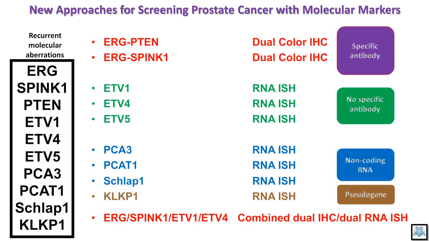We have optimized a protocol that is consistently working, so we can detect up to 4 markers in a single experiment by combining 2 markers for IHC and 2 markers for RNA-ISH. So we will be able to do both dual IHC and dual RNA-ISH, detecting up to 4 markers in a single hybridization, which I will show you in the latter part of this presentation.